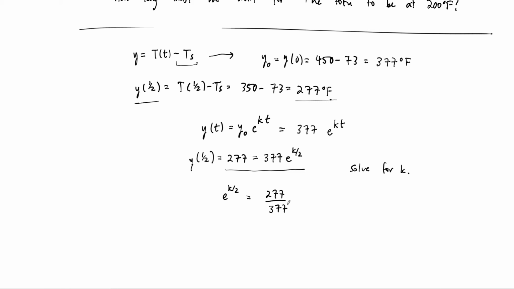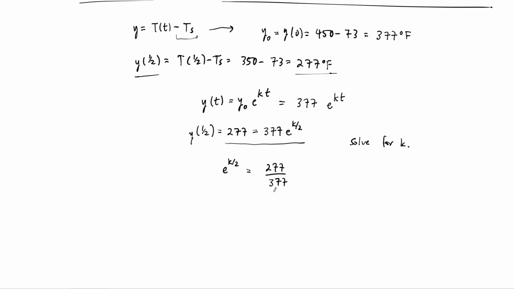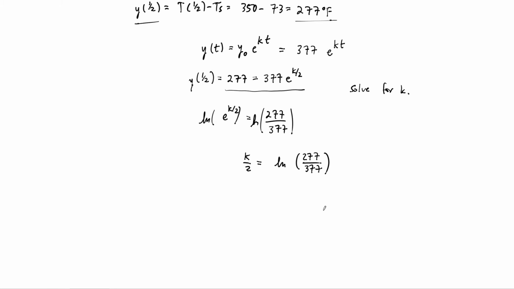These numbers are weird. That's fine. To get the k out of the exponent, we now have to apply natural log. So now we have k halves equals the natural log of this ratio, 277 over 377, or k is equal to 2 times the natural log of 277 over 377.